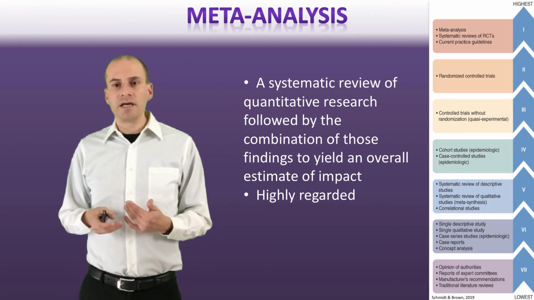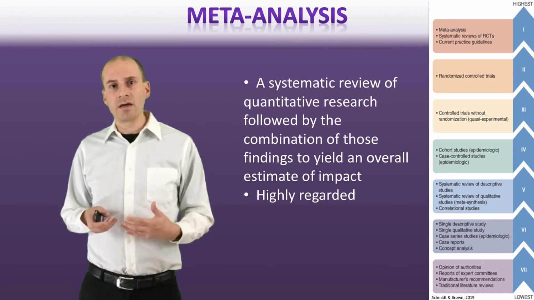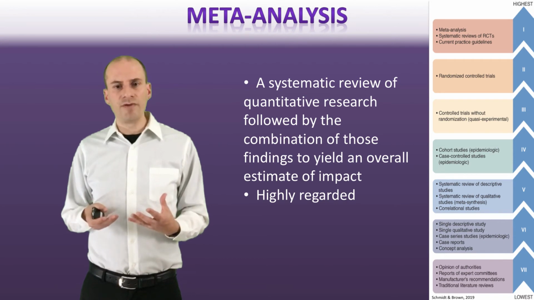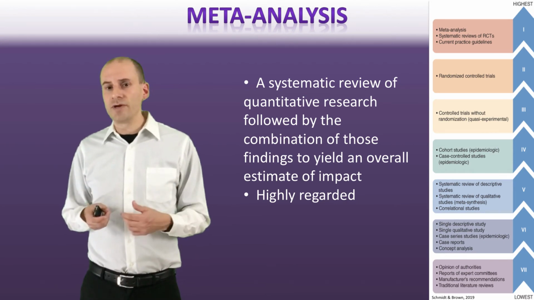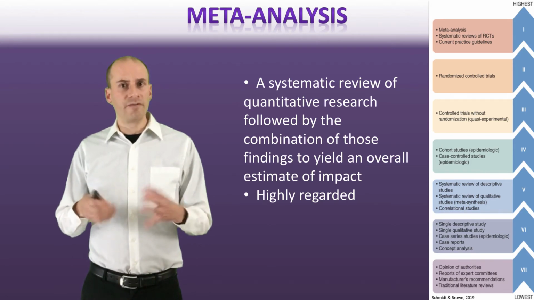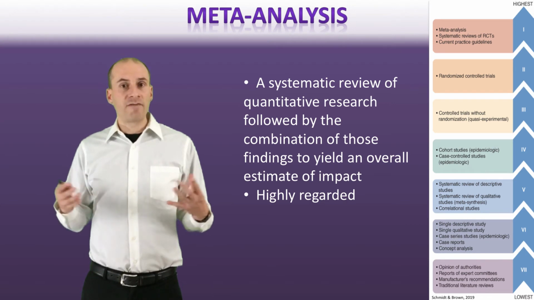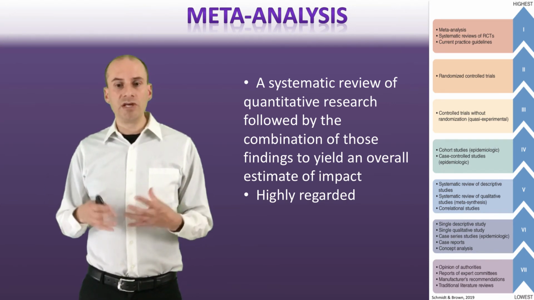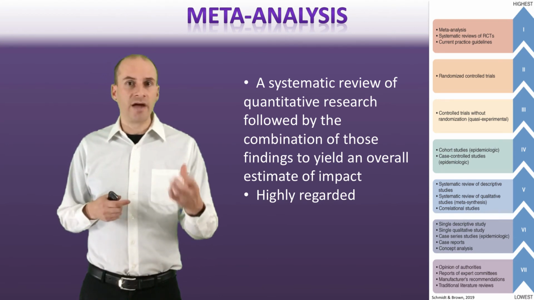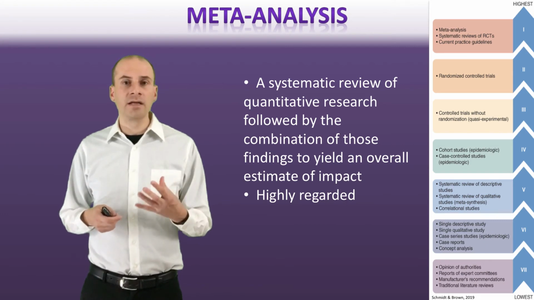So meta-analysis falls into that top category when it comes to the ranking of literature. A meta-analysis is a systematic review of quantitative research where they've actually gone into the quantitative papers that they found, pulled the data out of them, and combined that data to yield an overall estimate of the impact of whatever clinical intervention or healthcare risk they're looking at.